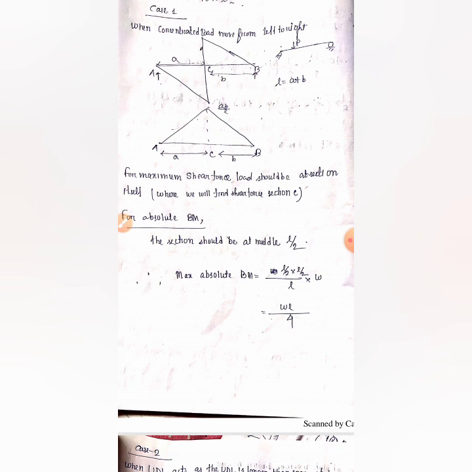Now A equal to L by 2, B equal to L by 2. We will find the maximum absolute bending moment, that is L by 2 into L by 2 divided by L. This is the ordinate, another form of AB by L. I think you guys understand this. So it is the value of ordinate, and then we will multiply with W. Then we will get WL by 4.